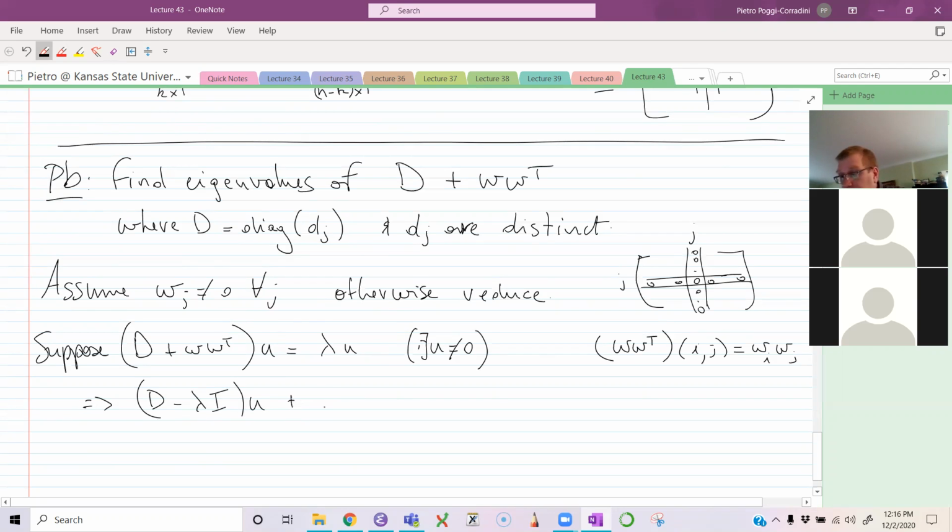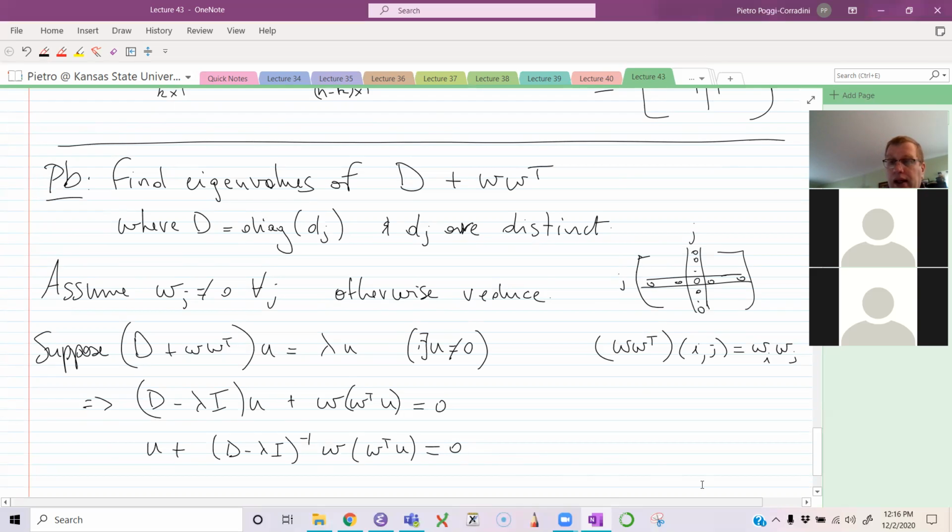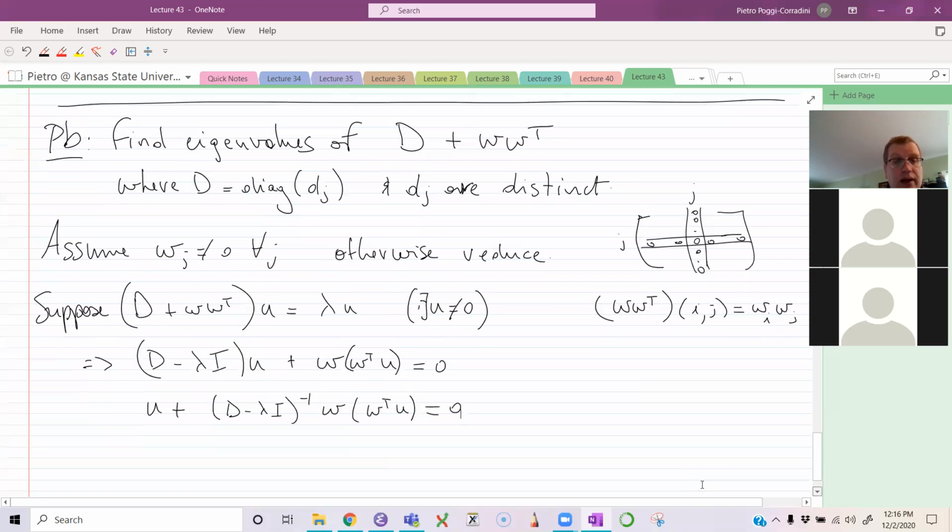And then I'm going to have this other term, w transpose u. Well, but that's just a scalar multiple of w. And then, assuming that D minus lambda I is invertible, I can multiply by the inverse. And then at this point, I can also multiply by w transpose.